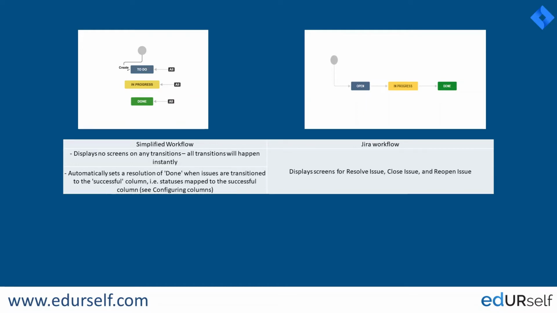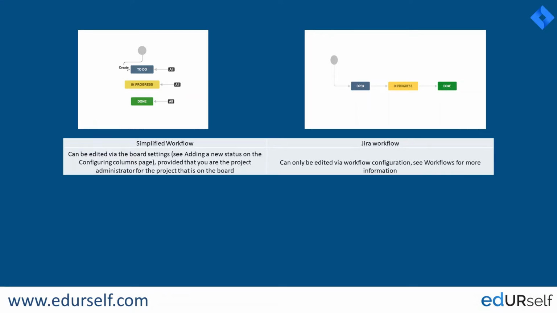The user needs to select it manually. Like we can keep a resolution screen whenever the issue is being moved from in progress to done, so that the user will be able to set the resolution manually. And we will be seeing that very shortly in the same video in the Jira Cloud instance.